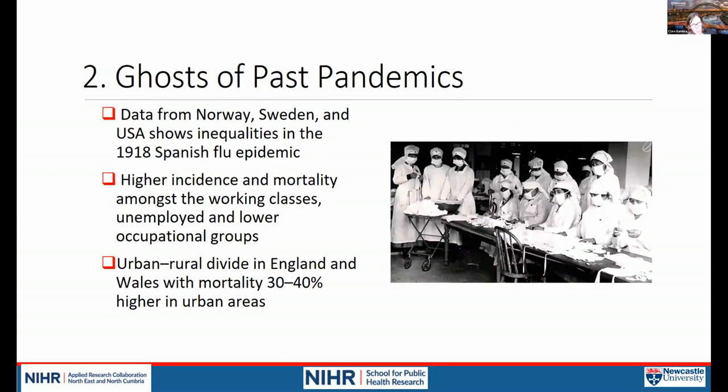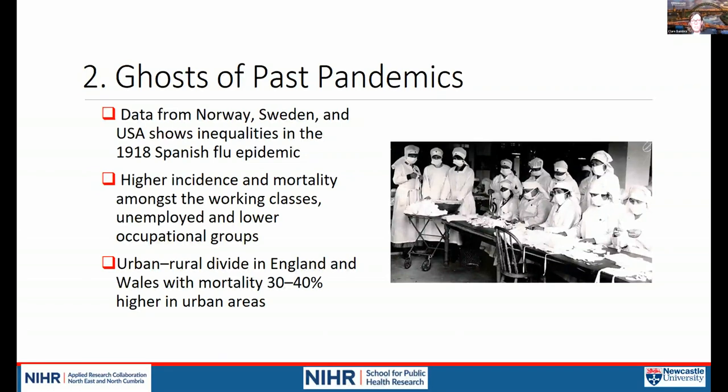But before we do that, I wanted to talk about the fact that really, to those of us working in public health, it shouldn't be a surprise that COVID has been a very unequal pandemic, because we can see this from our knowledge from our colleagues in the history of medicine around what's happened in previous pandemics. And everyone in the beginning of COVID was making parallels and talking about what happened in 1918, and we can see that from a health inequalities perspective what happened in 1918 is actually very similar to what's happened today.